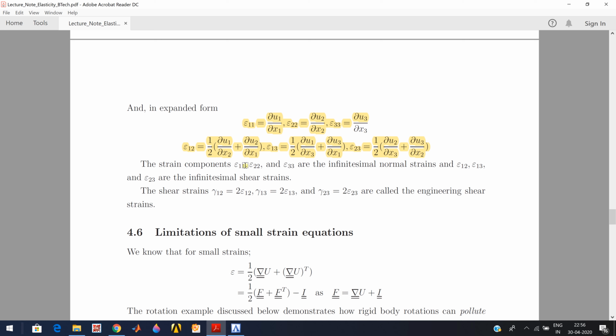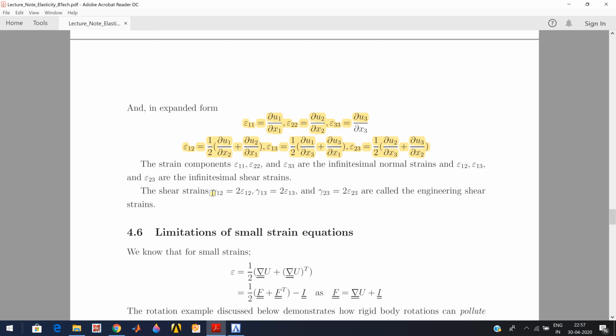Okay, and these shear strain components are actually half of the engineering strain. So the engineering strains, which are defined by gamma, are actually twice the tensorial strain definition. So gamma 1 2 or xy is equal to 2 times epsilon 1 2 or epsilon xy.